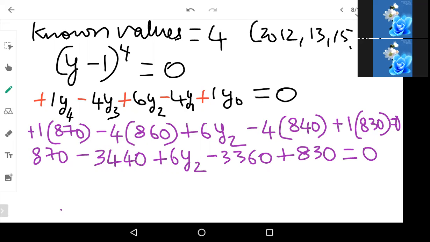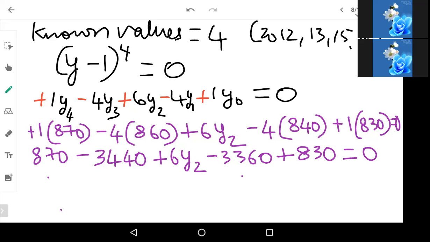Okay. Now take your calculator and calculate 870 minus 3440 minus 3360 plus 830. What will be your answer? Take all the numbers: 870 minus 3440 minus 3360 plus 830.